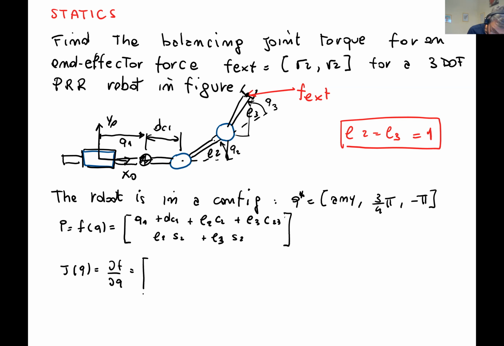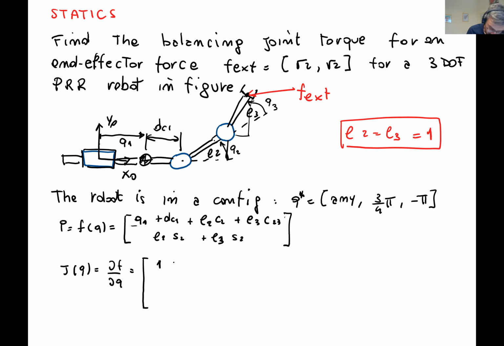With respect to the joint variable, we in essence differentiate the first coordinate's symbolic expression for the variable q1, and we see that there is a 1 here. This is 0, 0, 0, because q1 is not there.